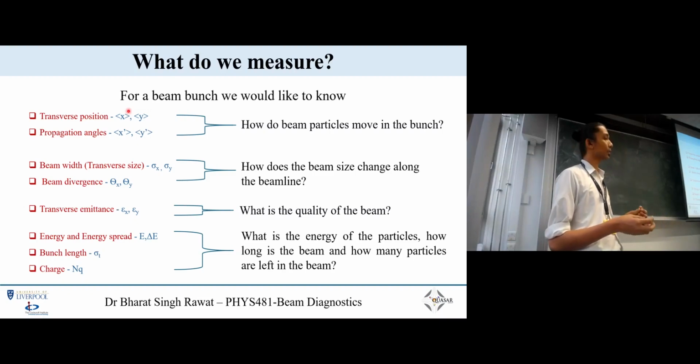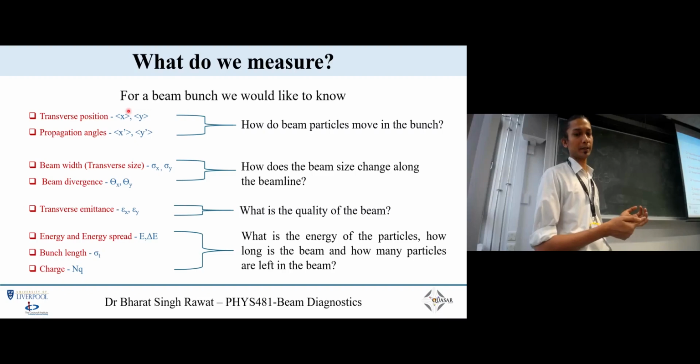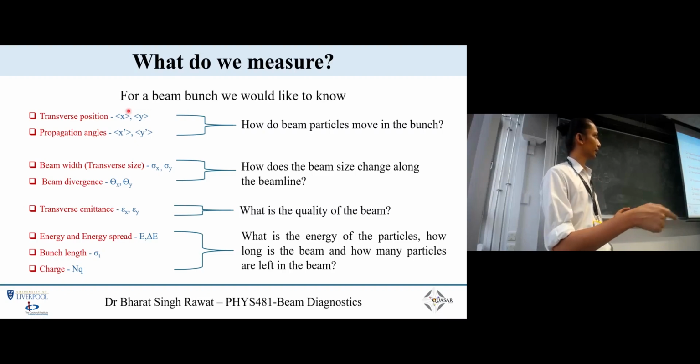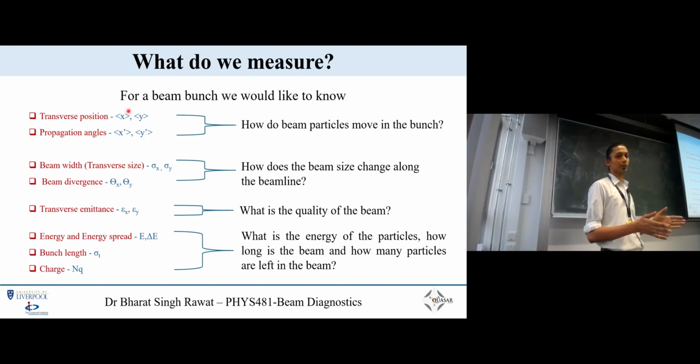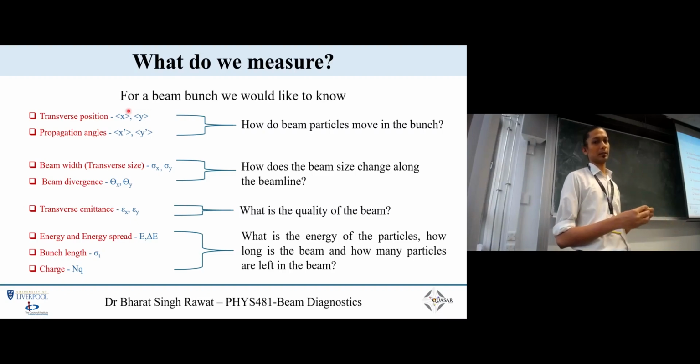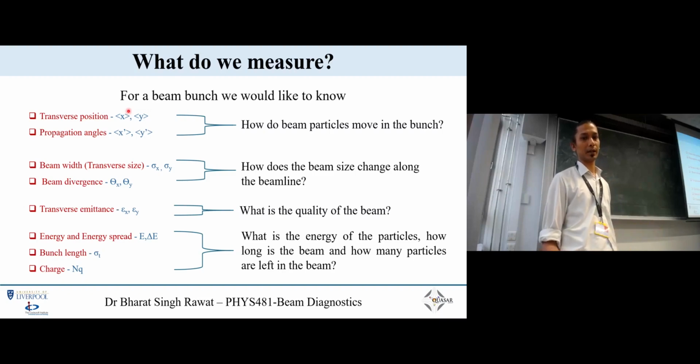Then the width of the particle bunch, for example, its transverse width and its longitudinal width, can be determined using different diagnostics, and how it changes along the accelerator is very important. The divergence of the beam, how broad the beam has gotten under the effect of a particular element, we can also diagnose.